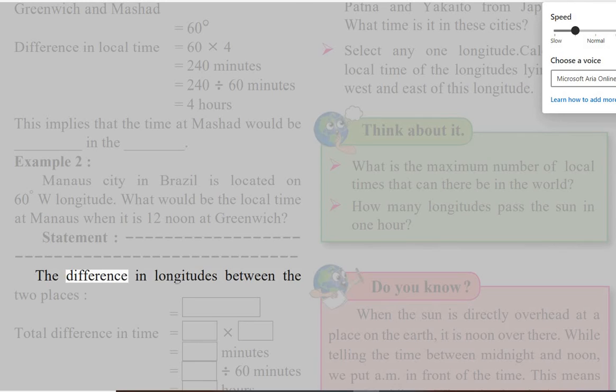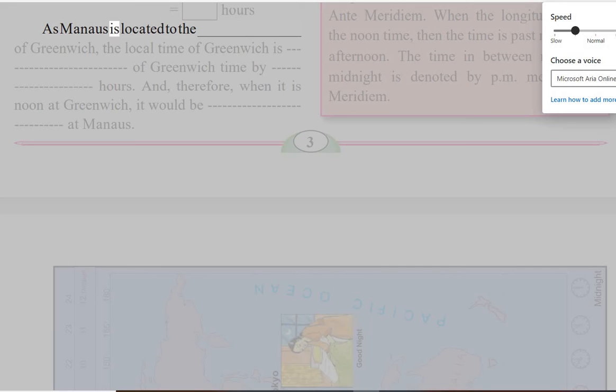Statement: the difference in longitudes between the two places equals ____, total difference in time equals ____ minutes equals ____ hours, as Manaus is located to the ____ of Greenwich. The local time of Manaus is ____ of Greenwich time by ____ hours. And therefore, when it is noon at Greenwich, it would be ____ at Manaus.